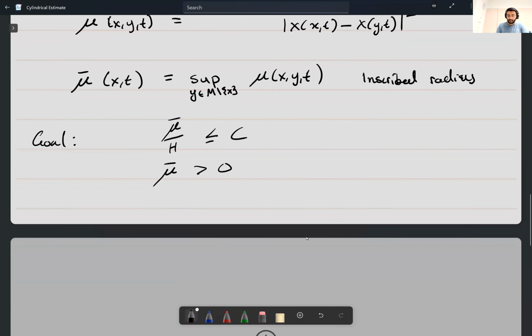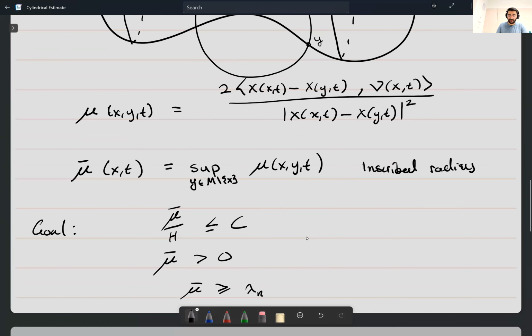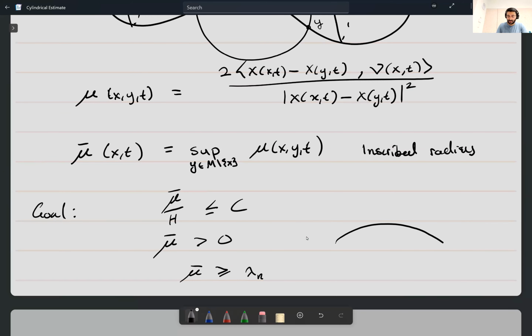At the same time, you also know that mu bar is always greater than or equal to the largest principal curvature at the point, because you have a surface here and this ball on the inside of it. So the curvature of the ball at that point has to be greater than the largest principal curvature of the surface.